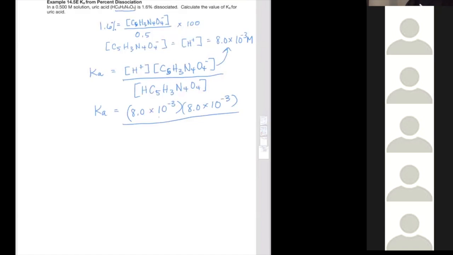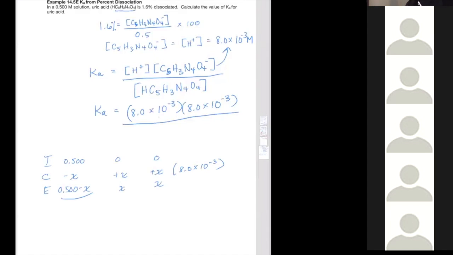it might be useful to you to do an ICE chart so you can see. So initially we have 0.5 molar and 0, 0, right? And then the change is going to be minus x, plus x, plus x. We've calculated the x. It's that. The 0.5 minus x.